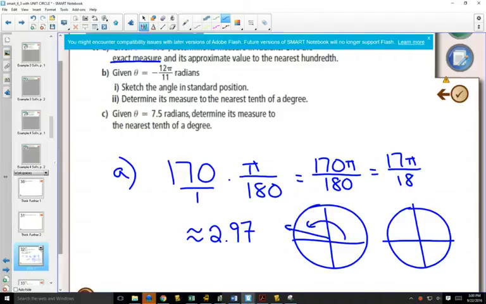Well, one of the things that's helpful, so you remember, well, how much is a whole circle? All the way around is 2 pi, 6.28. Halfway around is pi, 3.14. So if you think of this as 3.14, half of that would be 1.57, and you were asked to estimate 2.97, you might come up with the same angle as 170.